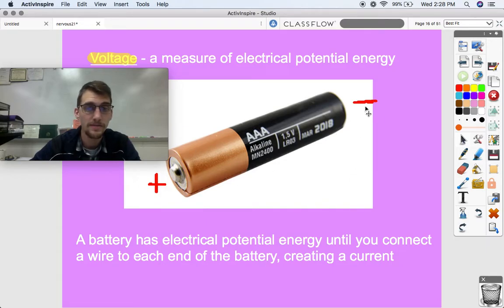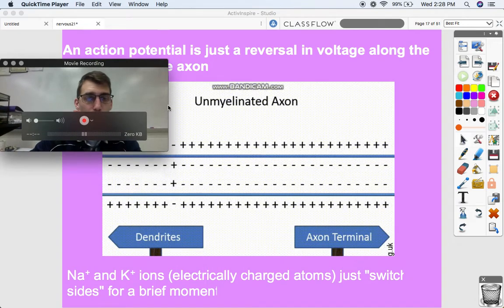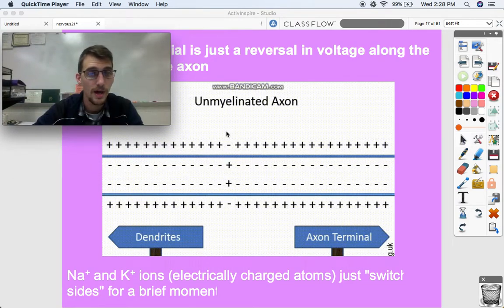You have a positive end and a negative end, and that's an electrical charge difference. So this battery has stored energy, and that's what potential energy is. A cell, again, can very briefly change the electrical potential on either side of its membrane.